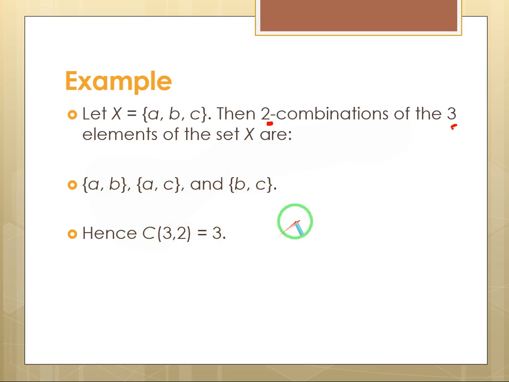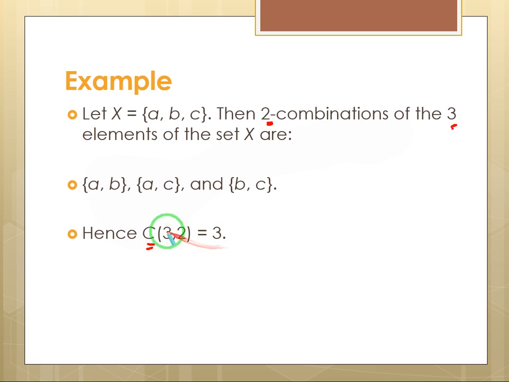So we can say the combination, with a total of 3 elements and 2 selected elements, what should your answer be? 3. This is the method by which we can get it. If you apply the formula, the same answer will come. I will show you later how we can implement the formula.